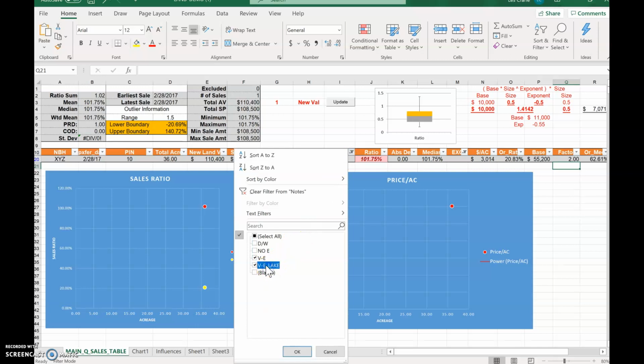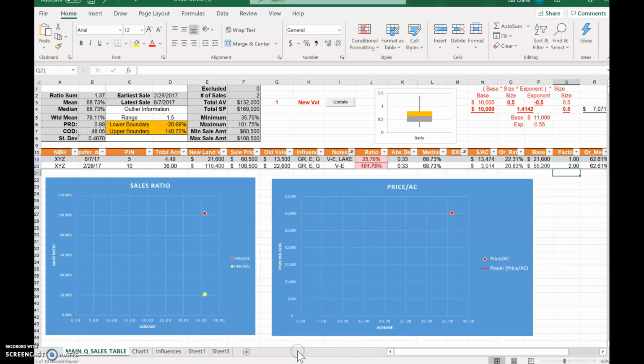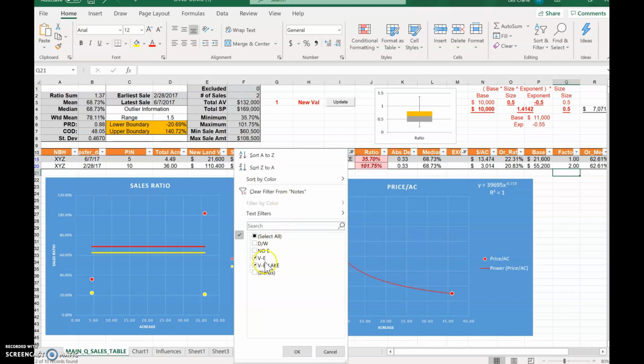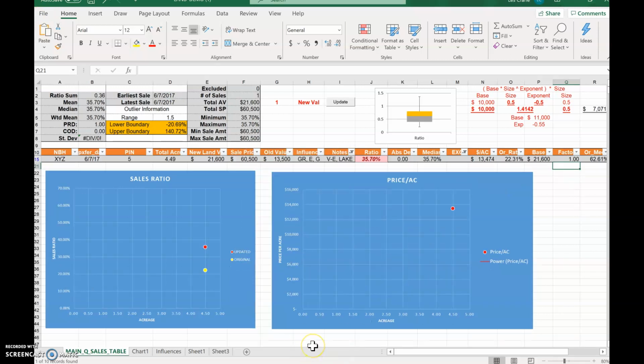So if we go back to our one with the lake, we calibrate the lake influence after we've calibrated the view influence. Because you can have a view influence and not have a waterfront influence. But if you have a property that's on a lake, it's also always going to have a view. So that's the reason we made that adjustment first. So take that one off. So that gives us 35.7%.